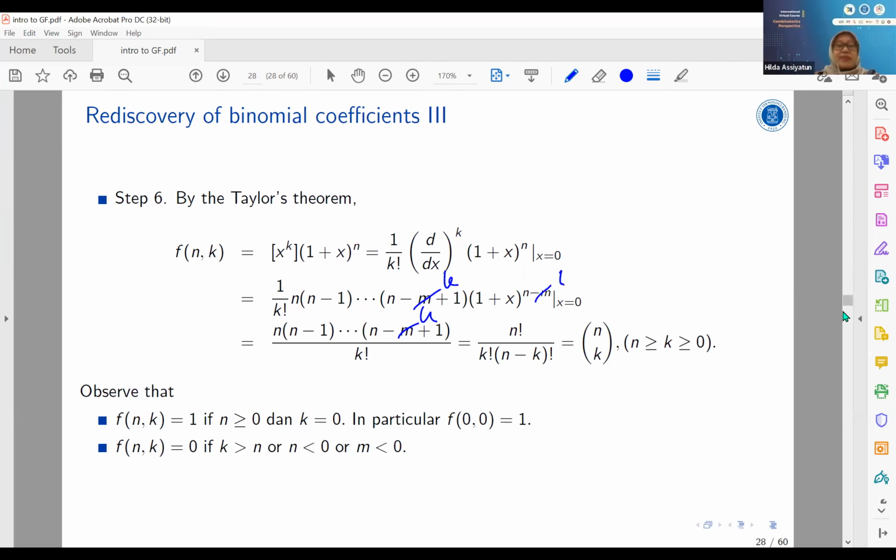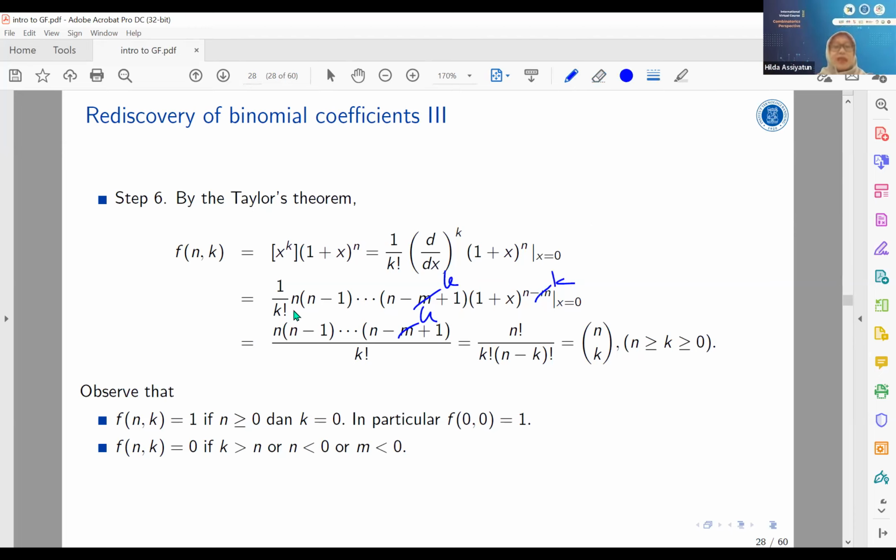Okay, this is m, it should be k. I changed my mind in the middle of this, and previously I used m, then I changed it to k. Okay, this should be k.